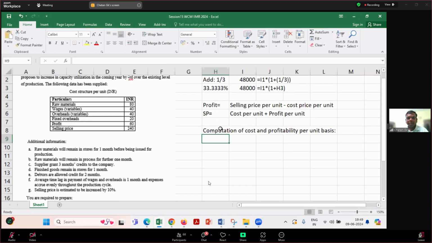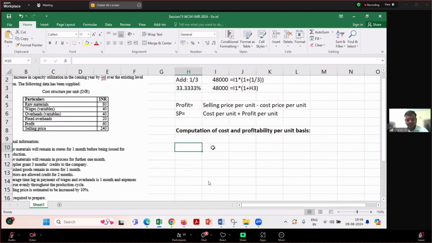Let us use the same structure. I'm writing whatever is given in the cost structure per unit, raw materials.